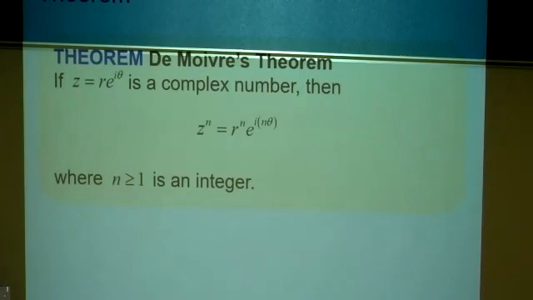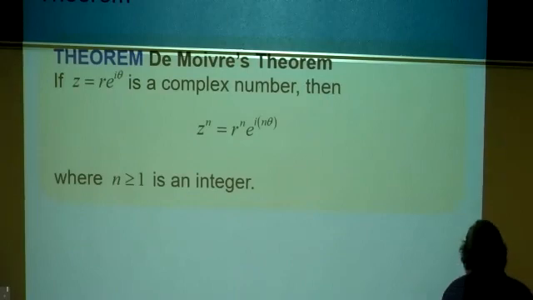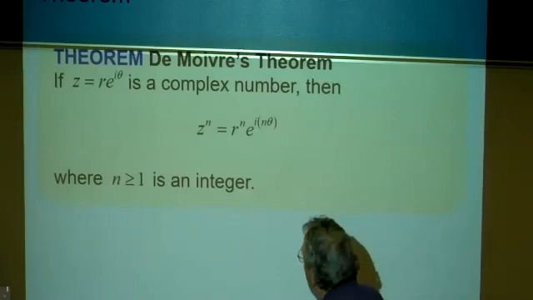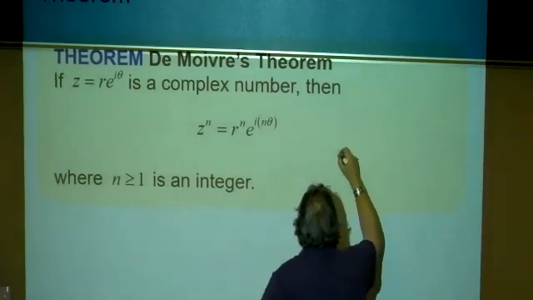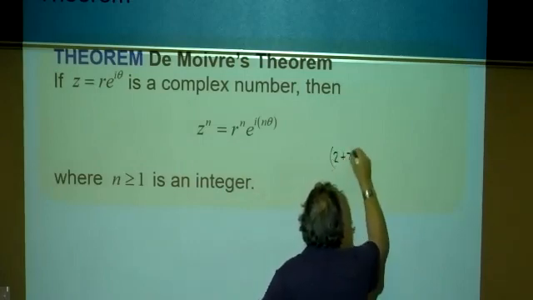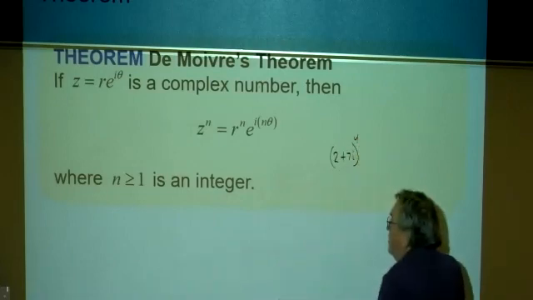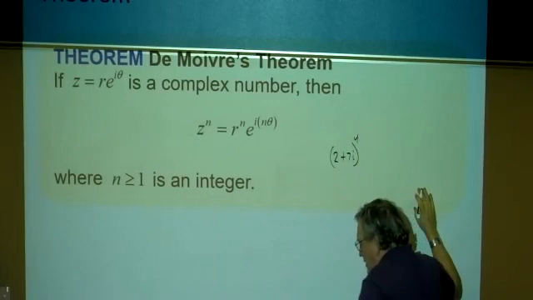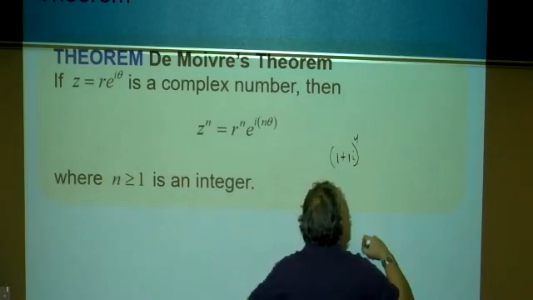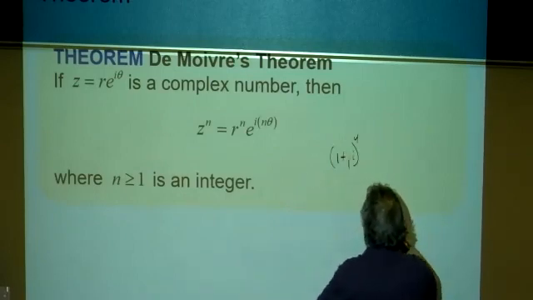z to the n. That means when you raise z to a power. That formula came in very handy when I took complex numbers. So if I want to raise a point to the 4th power, let me pick something that I know the angle to: 1 plus i.